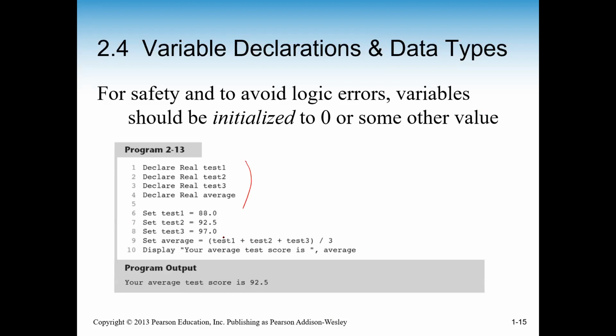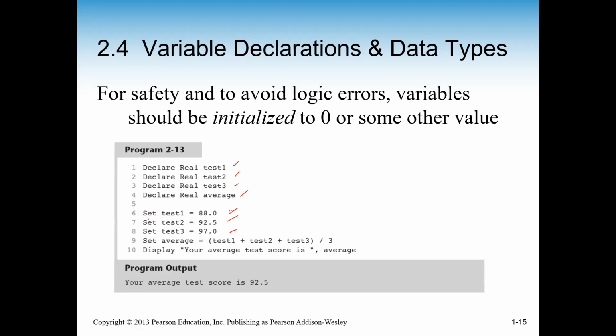So we declare 4 variables, all of them real: test 1, test 2, test 3, and average. After they're declared, now we're going to assign values to them. We use the keyword set, and we assign 88.0, 99.5, 97.0.